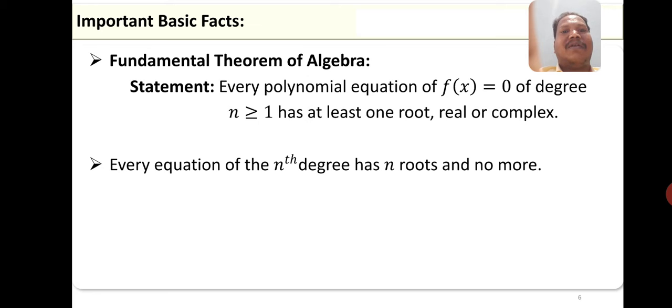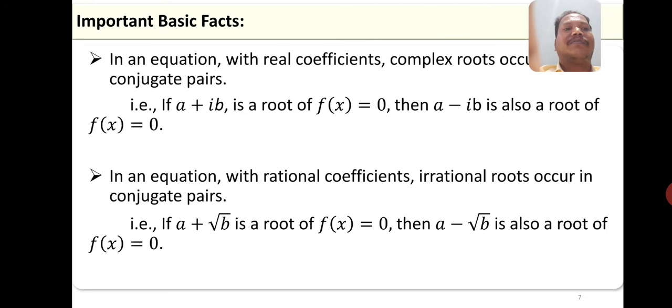The second one, every equation of the nth degree has n roots and no more. Next one, in any equation with real coefficients, complex roots occur in conjugate pairs. That is, if a plus i b is a root of f(x) equals 0, then a minus i b is also a root of f(x) equals 0.